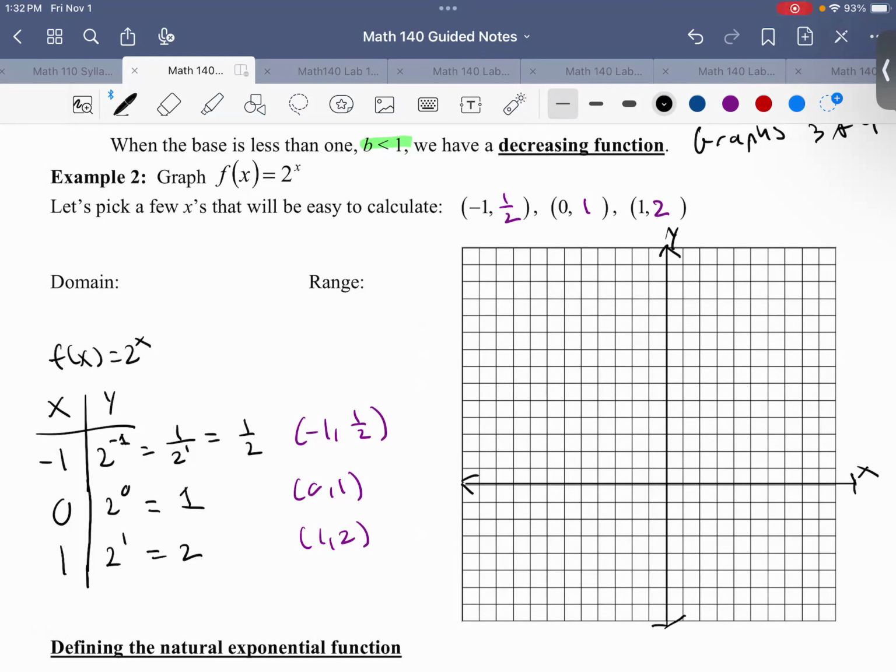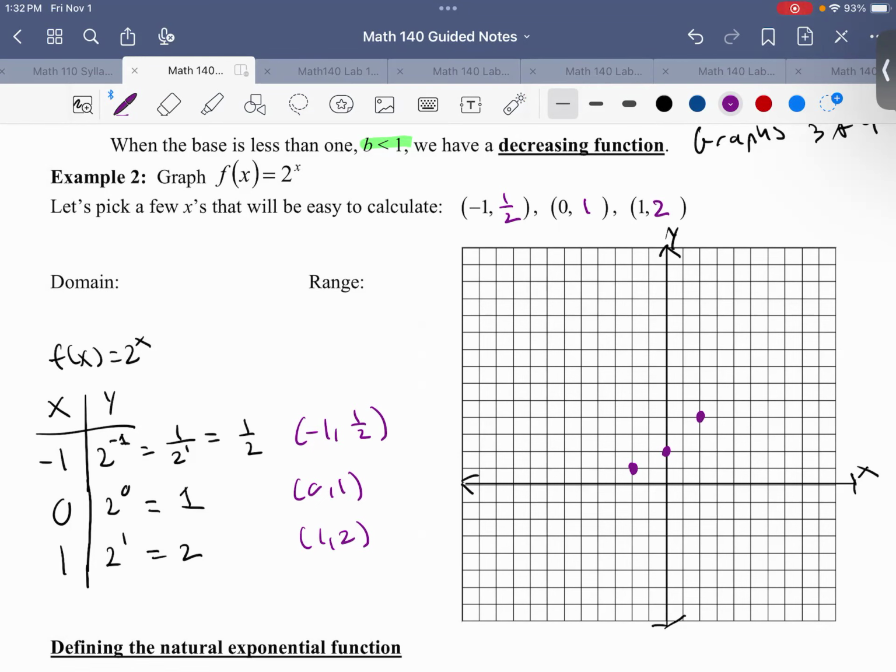So if we go in the -1 direction, -1, 1/2 would be about right there. Okay, and if we go 0 comma 1, this is 0 and then 1 right here, and then 1 comma 2 would be about right there.